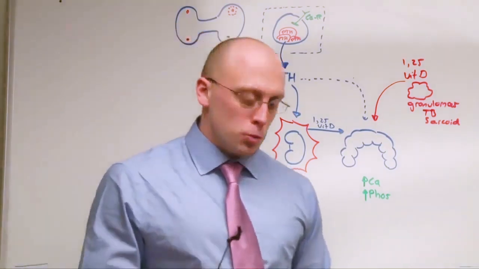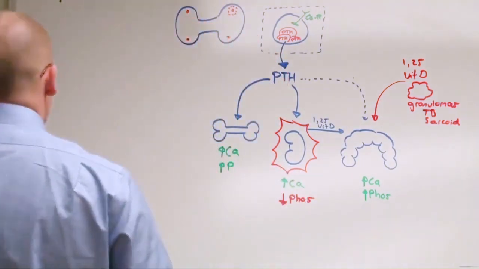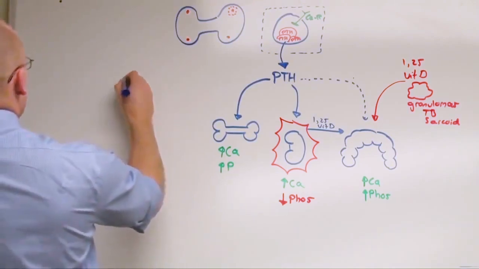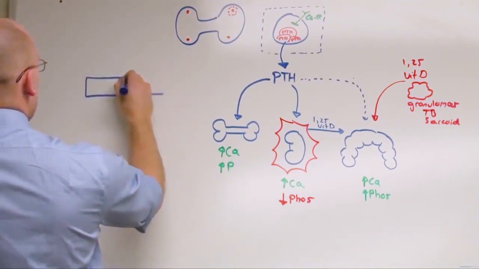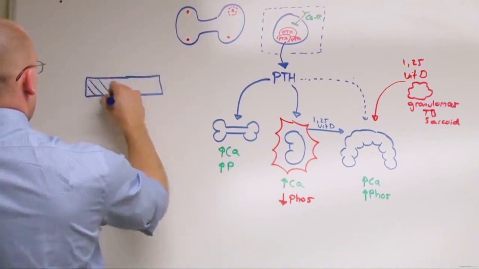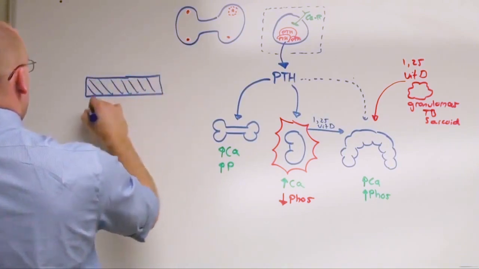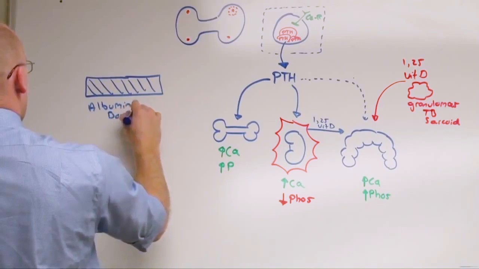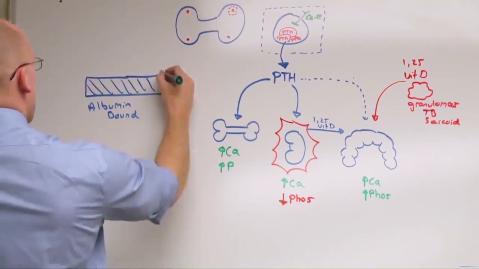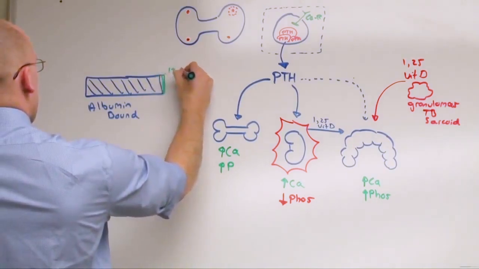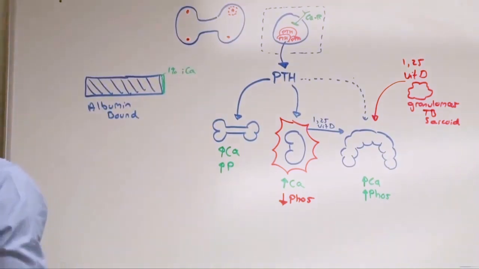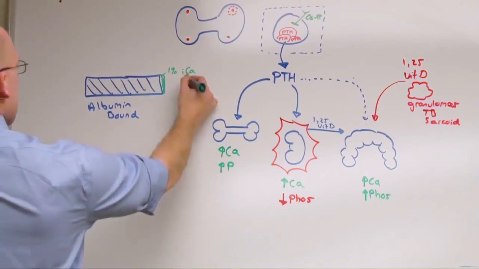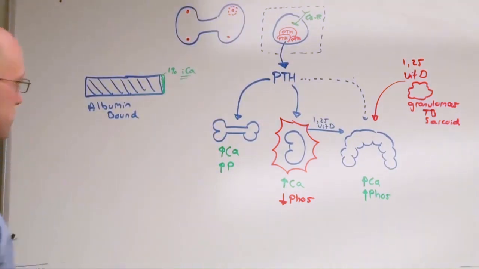But as you approach real patients, I want you to also realize that most calcium is bound to albumin. Only about 1% is free ionized calcium. And so if you're worried about calcium, what you really want to assess is ionized calcium.